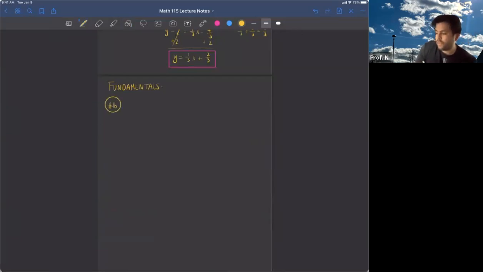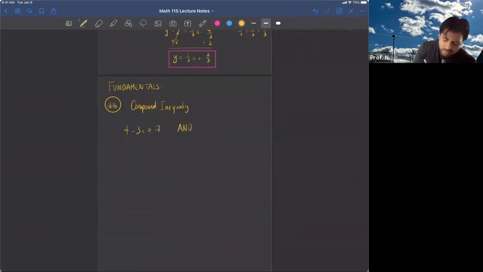Number 16 says write and solve and write the solution set in set builder notation. So we have what's called a compound inequality. We have two inequalities at once. So the first inequality is 4 minus 3x greater than or equal to 7.